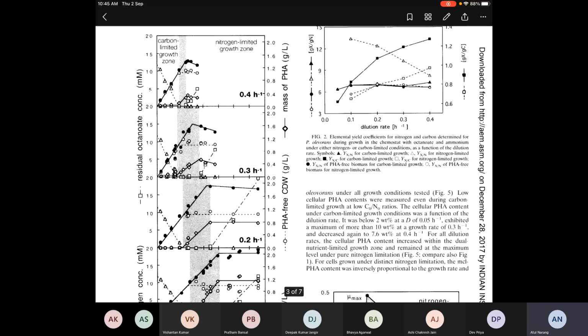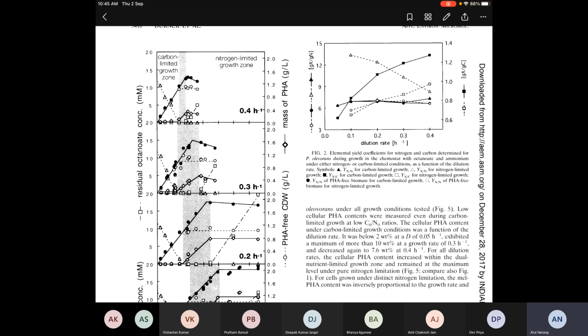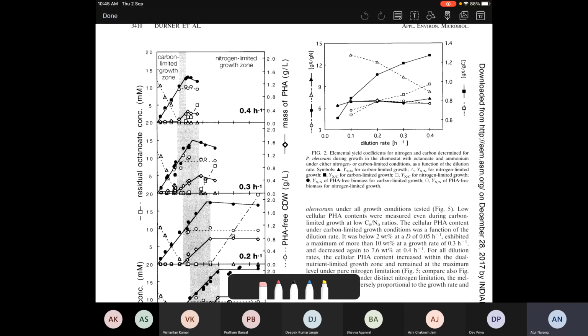This is showing you an experiment that has been performed in a chemostat. Let's focus on one panel, for example this panel over here on top where it says 0.4 per hour. So this experiment was performed in a chemostat.